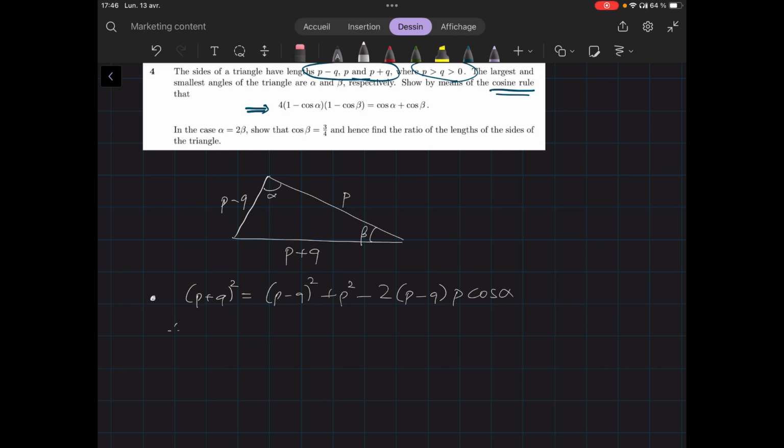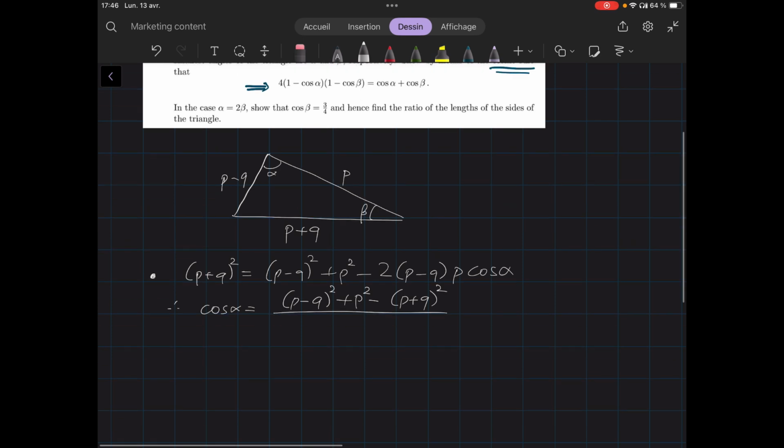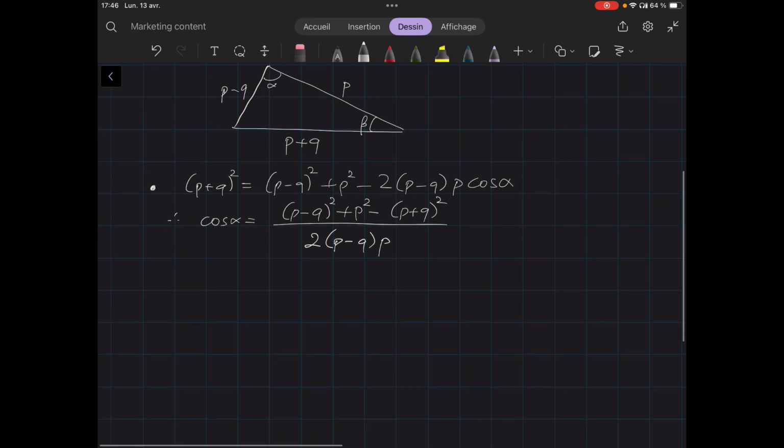And therefore, rearranging this will give you an expression for cos alpha. This looks a little convoluted, so we shall see if we can simplify this further.